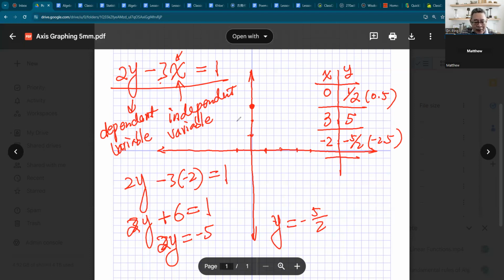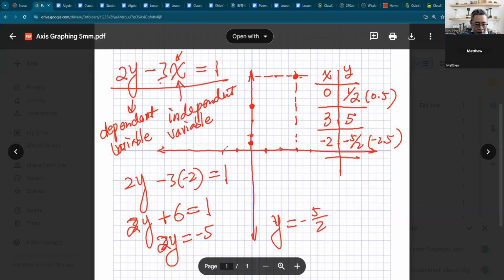So where's 0, half will be here. 3, 5, 1, 2, 3. 5 is, we go up. 5 is 1, 2, 3, 4, 5, will be right here. And -2, -2.5.